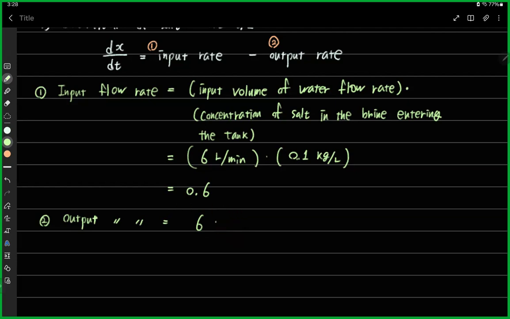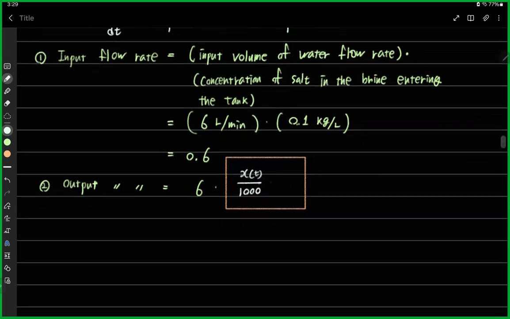Anyone can figure this out? Yeah, x of t over 1000, kilogram per liter, because concentration is mass over volume. Here the mass of salt is x of t, the mass in the tank, over 1000.